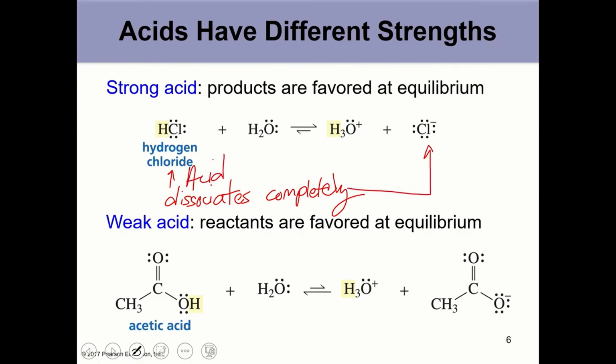And when we identify the acid in the reactants, we should be able to identify the base in the products as having one less hydrogen, so that's chloride ion.